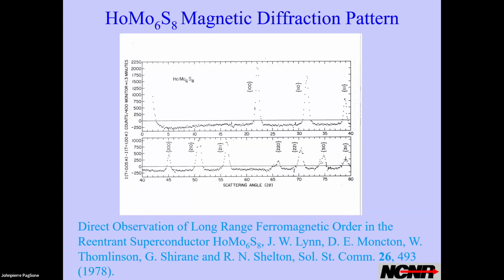Well, here's an example of a magnetic diffraction pattern. You take the diffraction pattern at very high temperatures, well above the ordering temperatures, and then take your ground state magnetic diffraction and subtract them, because for unpolarized neutrons, the nuclear scattering and the magnetic scattering are completely separate.